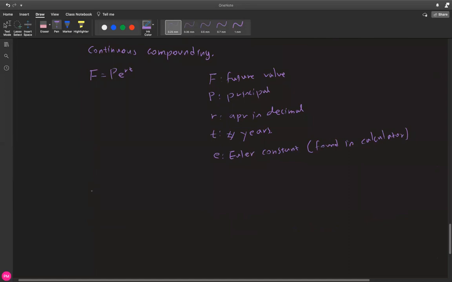One last thing we did in this chapter was the annual percentage yield, often abbreviated to APY.